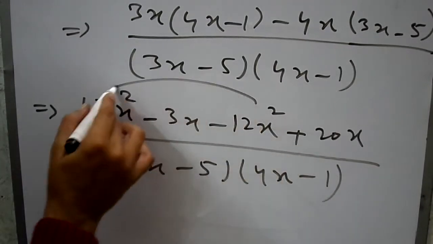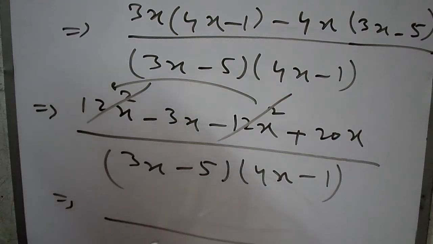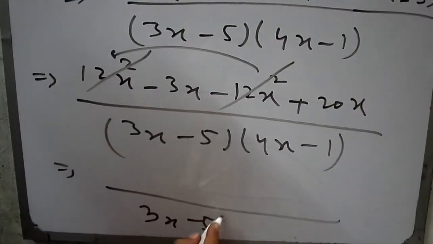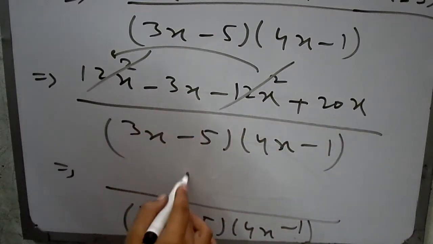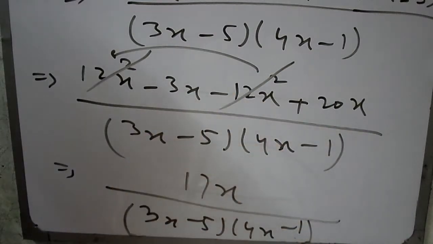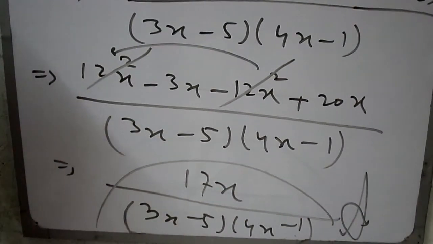You will get this cancel with each other, so you will get 3x minus 5 into 4x minus 1, and 20x minus 17x is the greater value essentially, so that is your answer. Coming to the next part, that is H part.